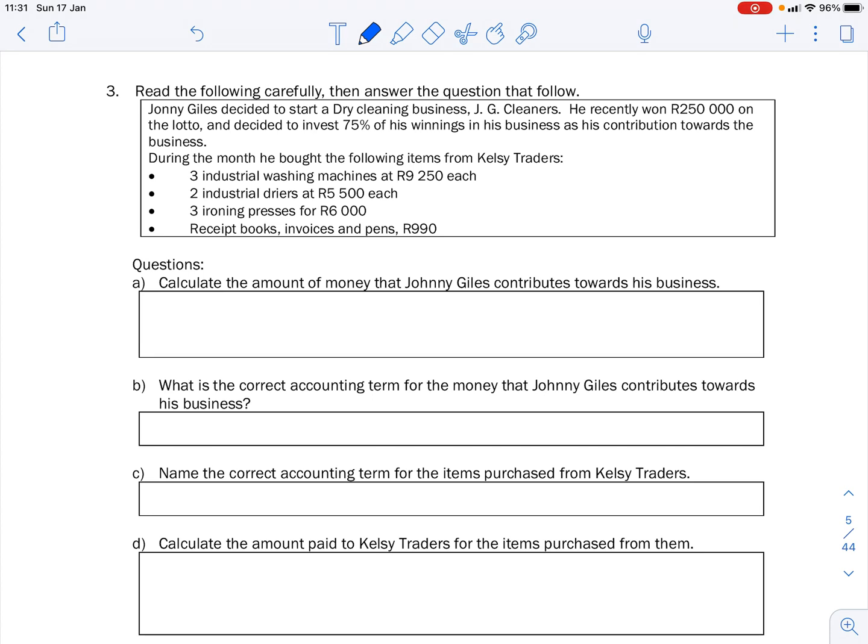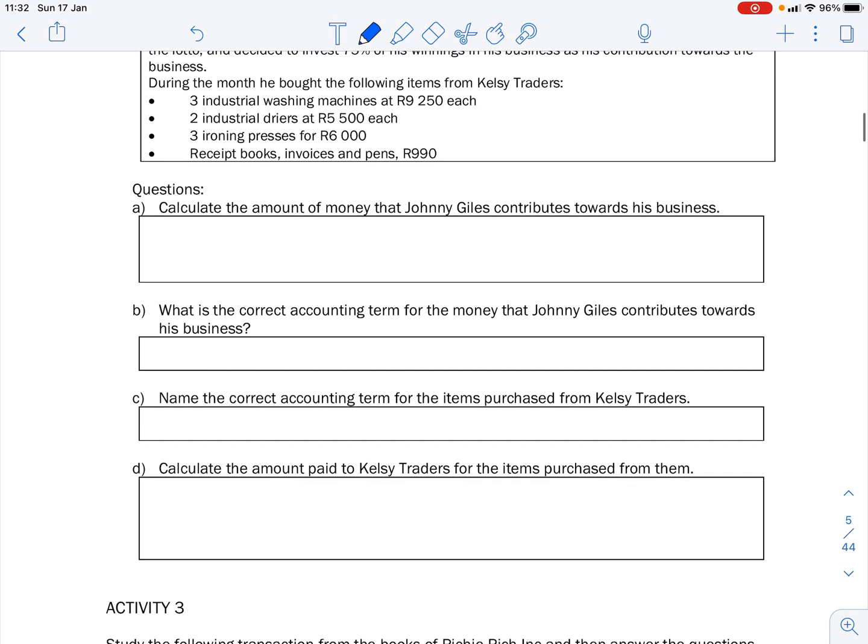During the month, he bought the following items from Kelsey Traders: 3 industrial washing machines at 9,250 Rand each, 2 industrial dryers at 5,500 Rand each, 3 ironing presses for 6,000 Rand, and receipt books, invoices and pens for 990 Rand.